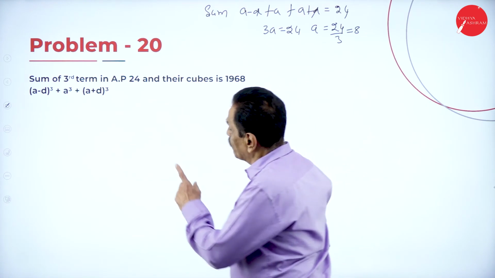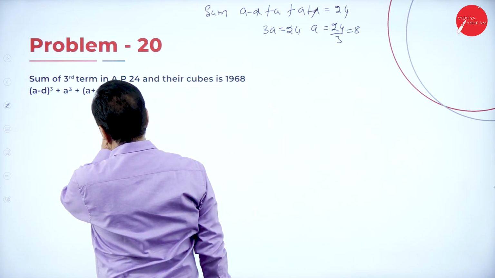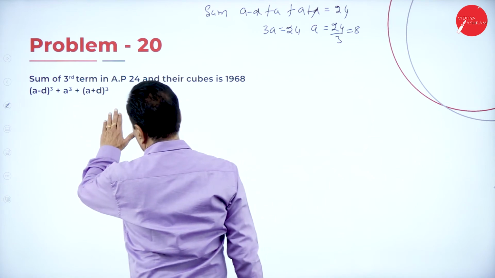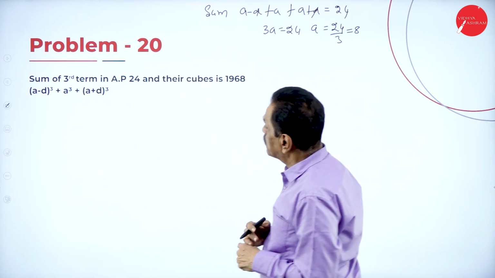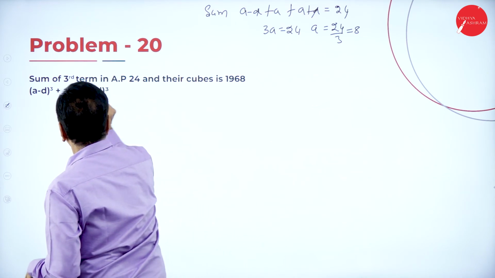Then the cubes of that. A minus D whole cube, A cube, A plus D whole cube, their sum is 1968. So come back to this formula.